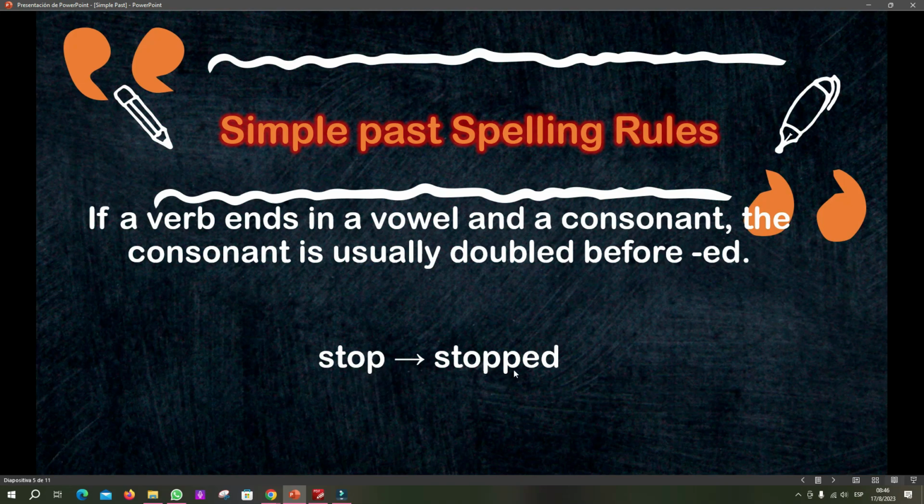So you add another P in this case and also ed. Stop, stopped, right? Blend, blended. Also, you have here consonant, vowel, consonant. You're going to add another consonant and add ed.